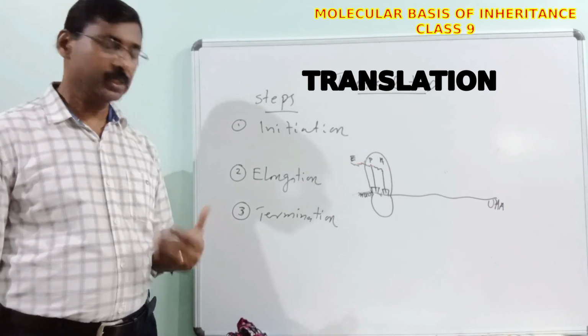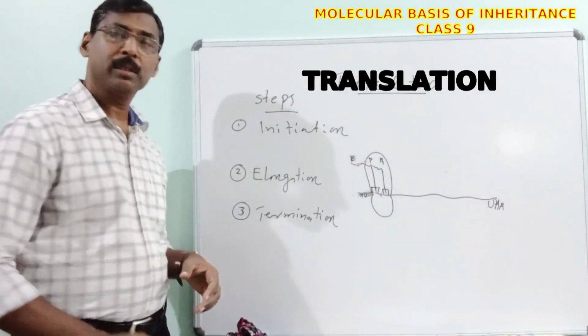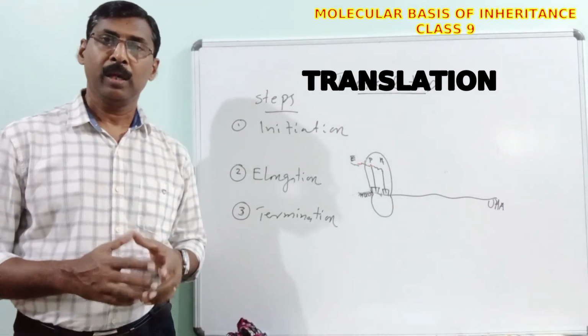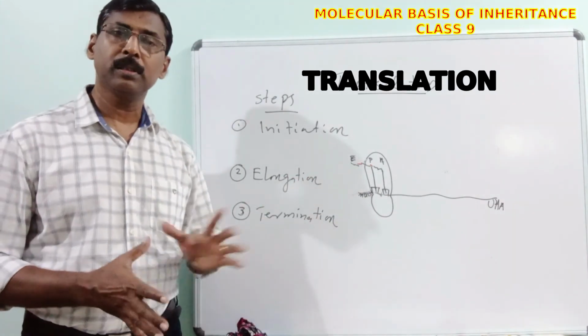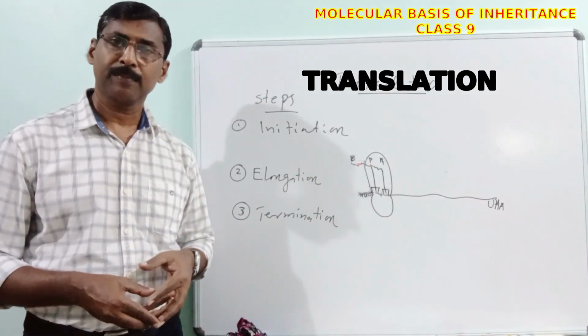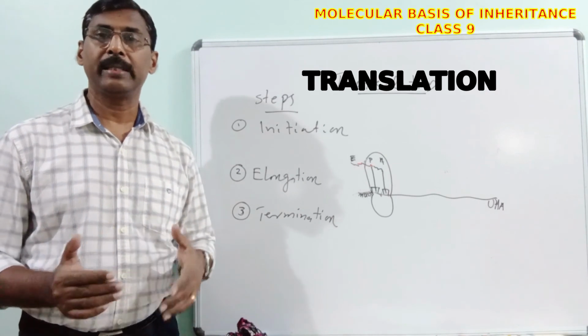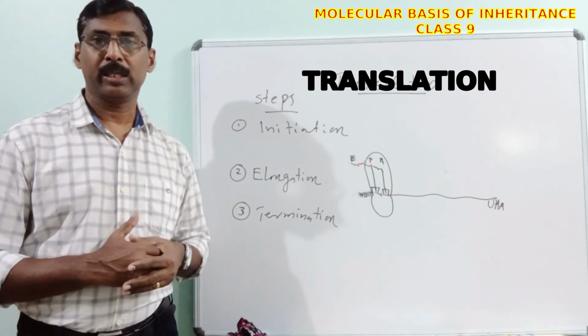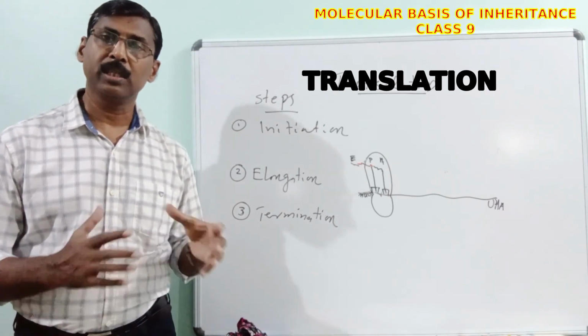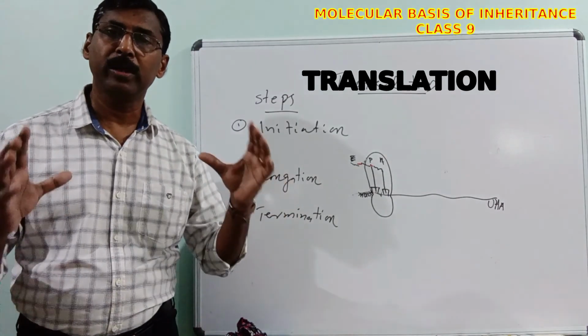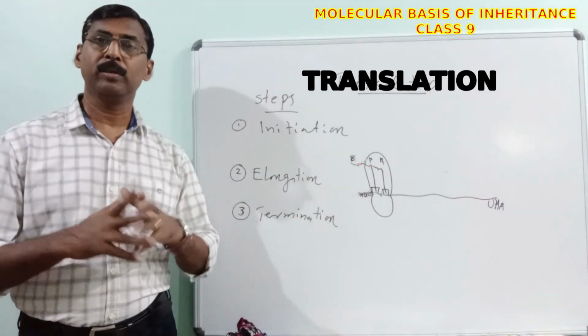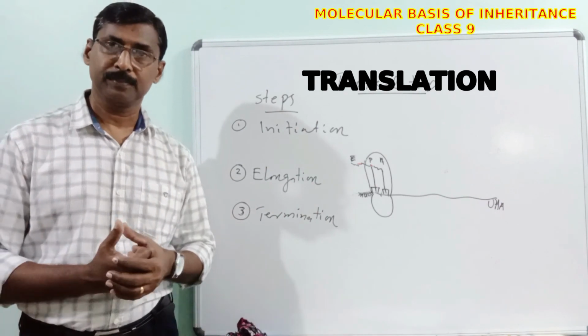So this is the process of translation. And the polypeptide thus formed would act as an enzyme to catalyze a biochemical reaction that would result in the phenotypic expression, a phenotype.